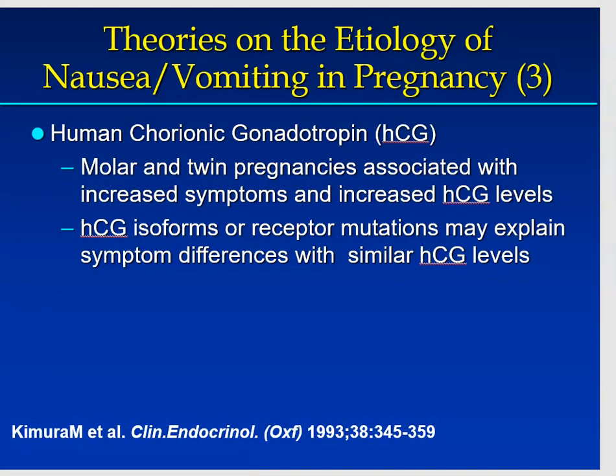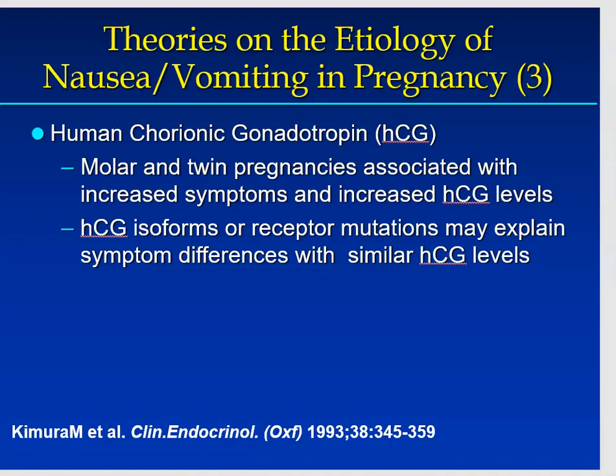Finally, human chorionic gonadotropin has been linked to the possible etiology or an associated feature of these disorders. It's well known that molar and twin pregnancies, with their increased trophoblastic mass, which makes HCG, are associated with increased symptoms and increased HCG levels.